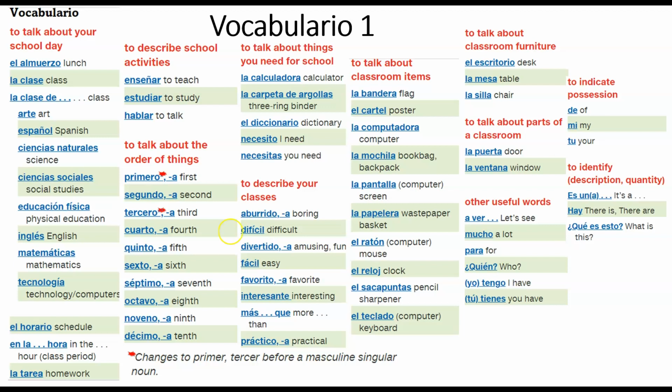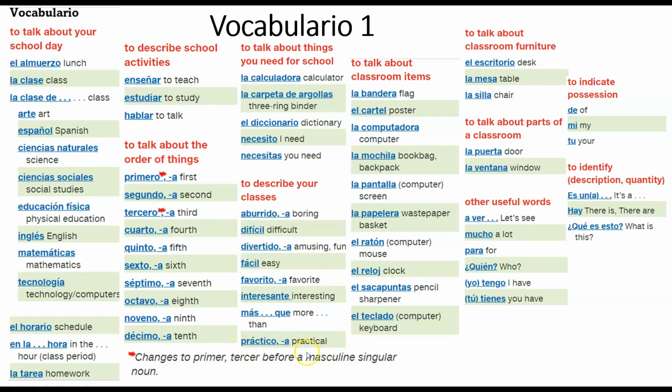Aburrido, aburrida. Difícil. Divertido, divertida. Fácil. Favorito, favorita. Interesante. Más blank que. So I can say, la clase de arte es más fácil que la clase de español.